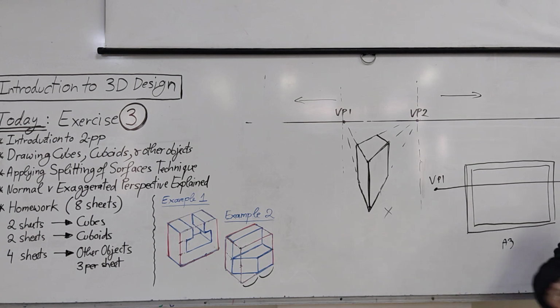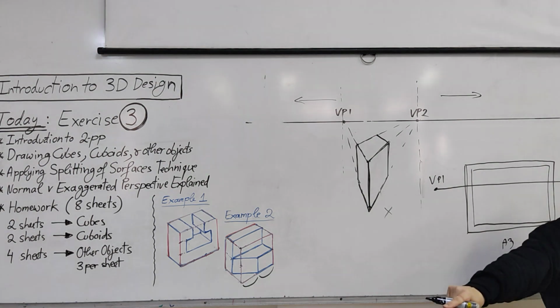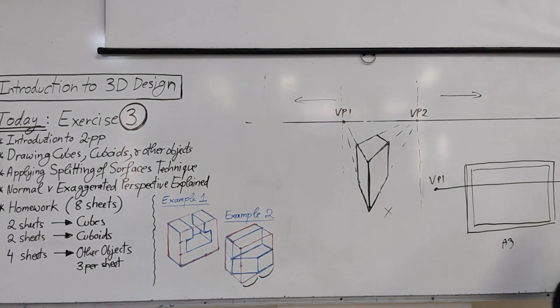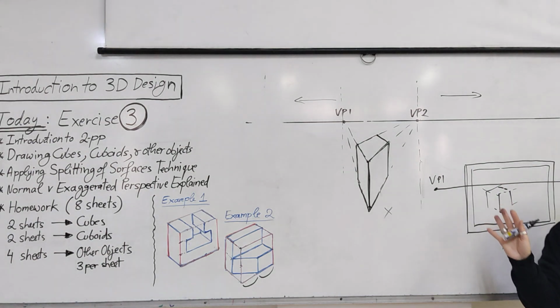So you have the paper on the table, and one point is here, one point is there. It's fine. And you draw your object inside here. Take to the vanishing points, take to the vanishing points, and you draw whatever the object is. These two points, I don't need to see them all the time. You don't need to put them inside the paper just for me to see. It's not important.